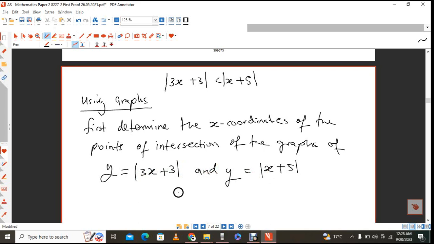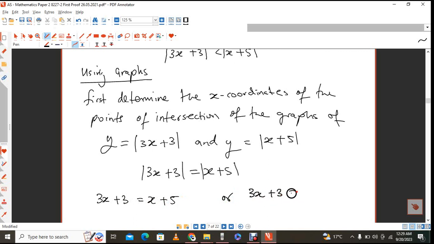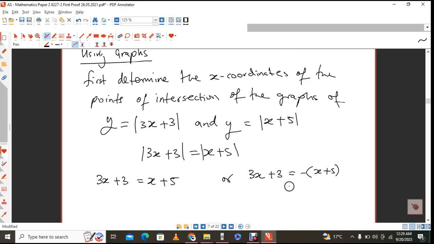Okay, and the way you do that, you probably will be saying, okay, let the absolute value of 3x plus 3 equal the absolute value of x plus 5, and then you say 3x plus 3 is equal to x plus 5, or 3x plus 3 is equal to negative (x plus 5). Simply doesn't matter which one you choose.